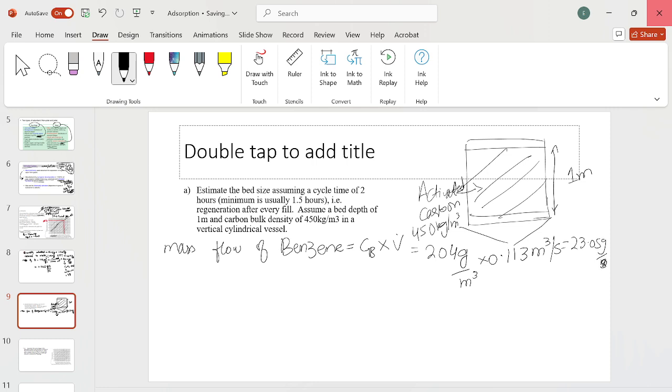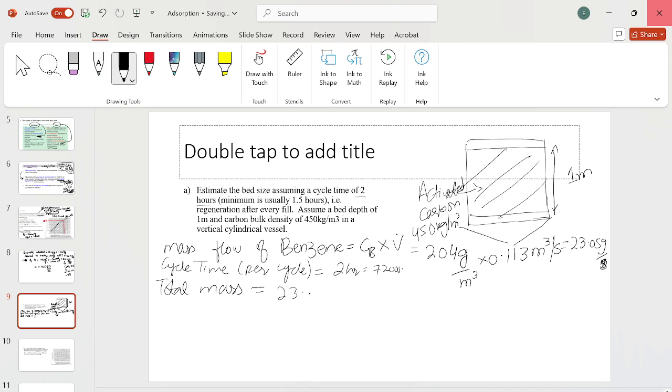So the mass flow rate is calculated, but we need to calculate the total mass. So we will multiply with the time. The time here is given as 2 hours per cycle, this is the cycle time. 2 hours is equal to 7200 seconds.